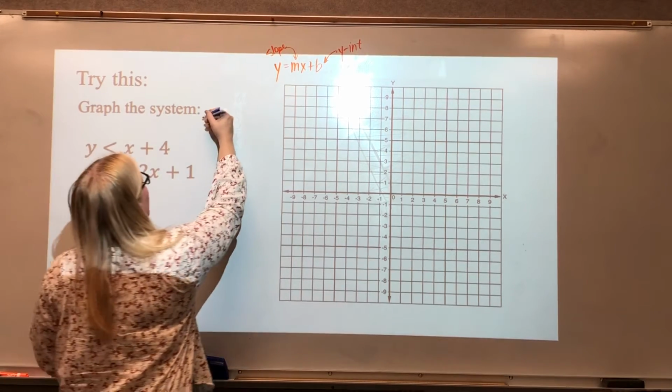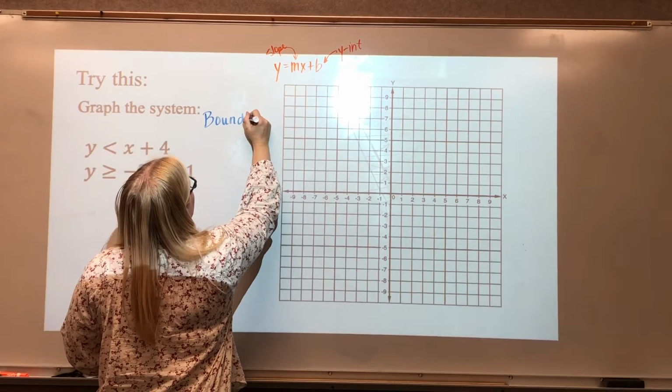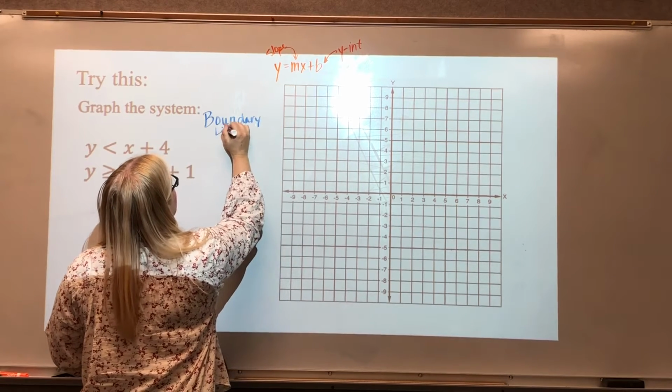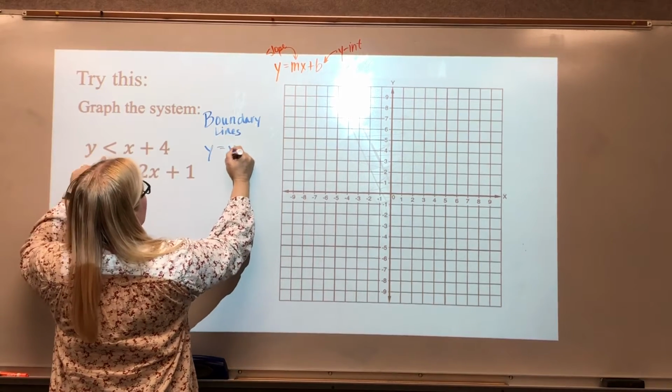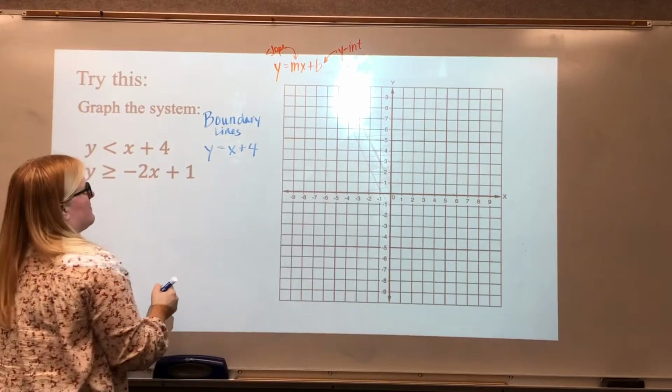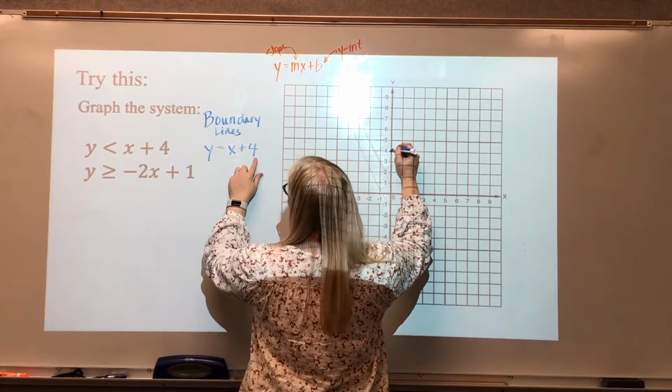Again, we're going to have boundary lines. So this one just becomes y equals x plus 4. Okay, so here's my y-intercept.